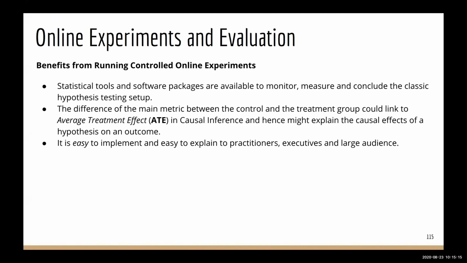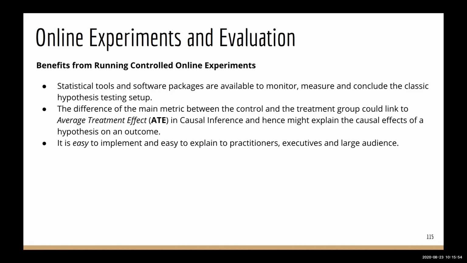The second benefit is a nice property that comes with A/B tests, or with hypothesis testing: the difference of the metric that we care about between the control and treatment group can usually be linked to a concept called average treatment effect in causal inference. That difference can be explained as the causal effect of your treatment on the outcome.